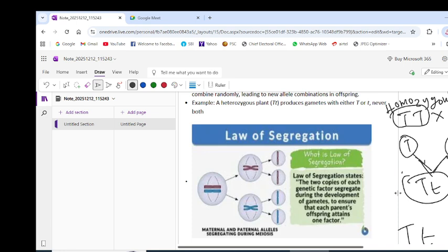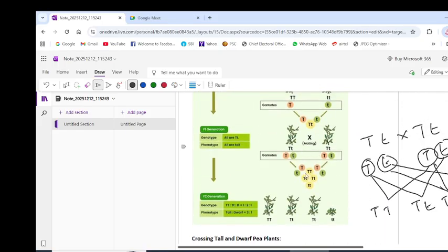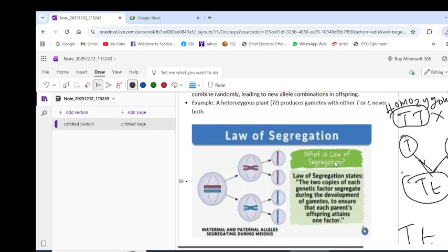During gamete formation, the law of segregation states that the two copies of each genetic factor segregate during the development of gametes, to ensure that each parent's offspring attain one factor.